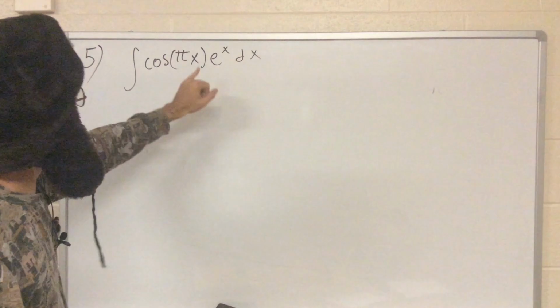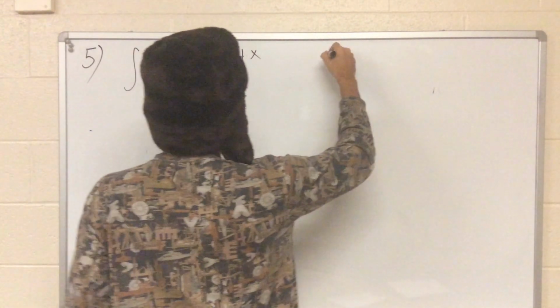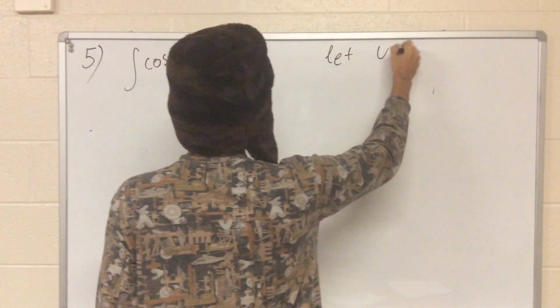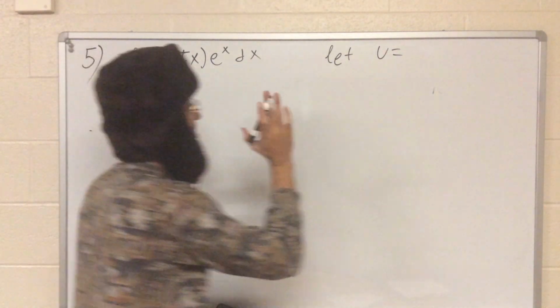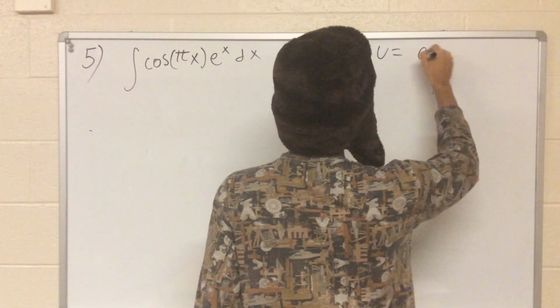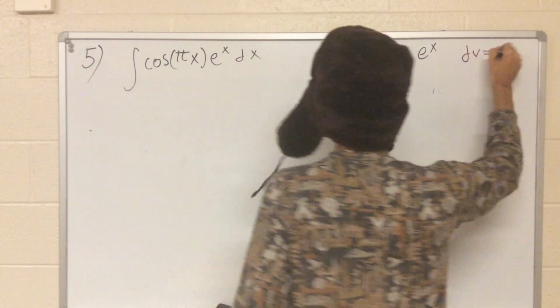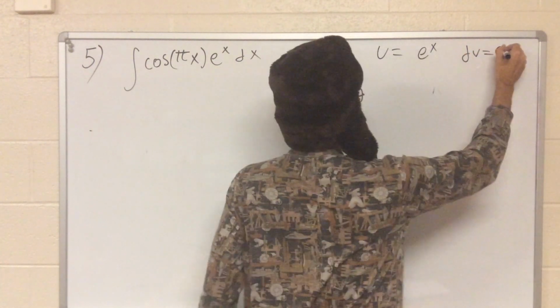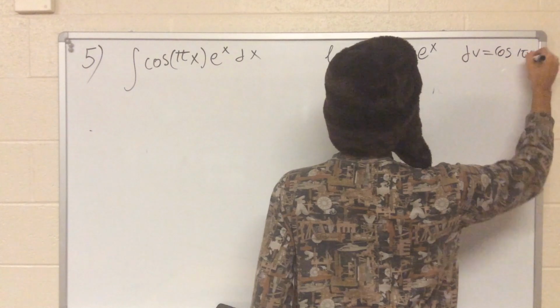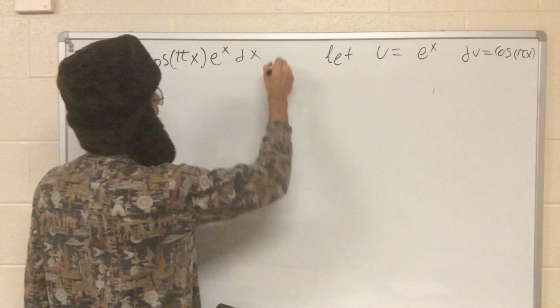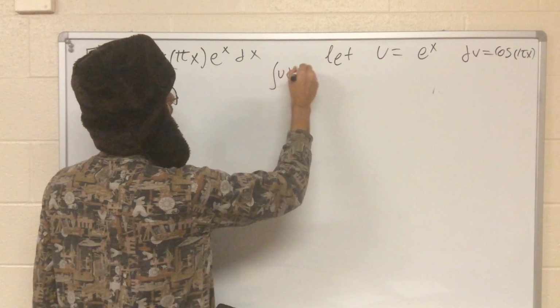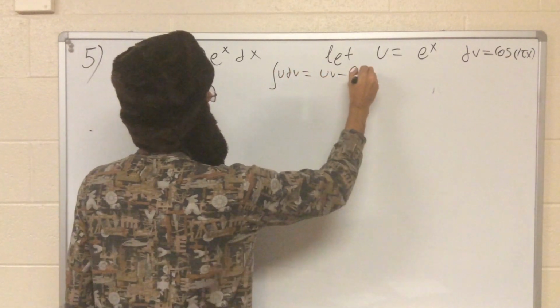So let u equal to, in this case, e to the x, for example. It doesn't matter, so we could say e to the x, and our dv to be equal to cosine of pi x dx. So according to integration by parts, the integral of u dv equals uv minus the integral of v du.